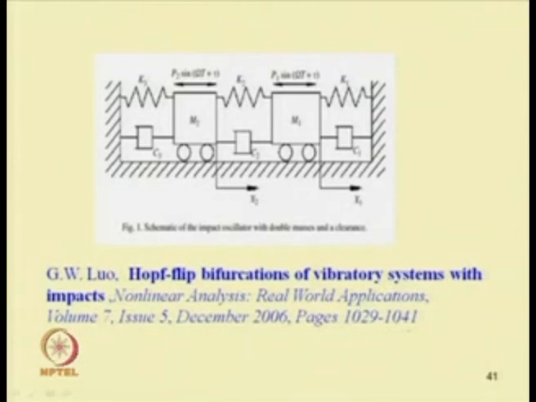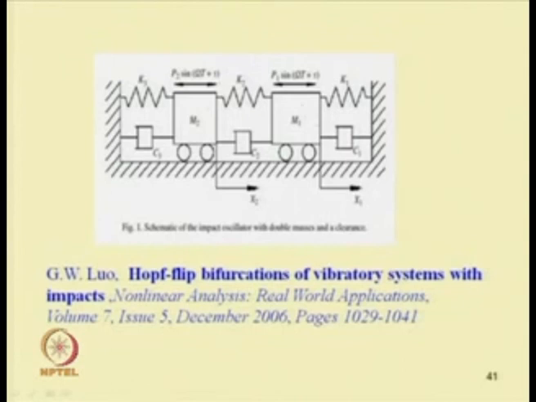So, in this system, this is a two mass system. This is a spring and damper system, and these two masses are subjected to a force. The first mass is subjected to a force P1 sin(omega t plus tau), and the second mass is subjected to a force P2 sin(omega t plus tau).